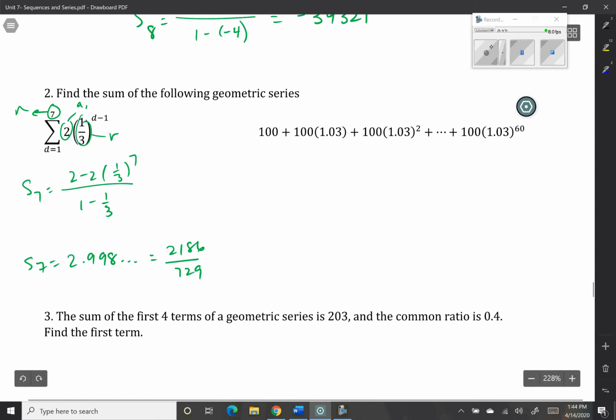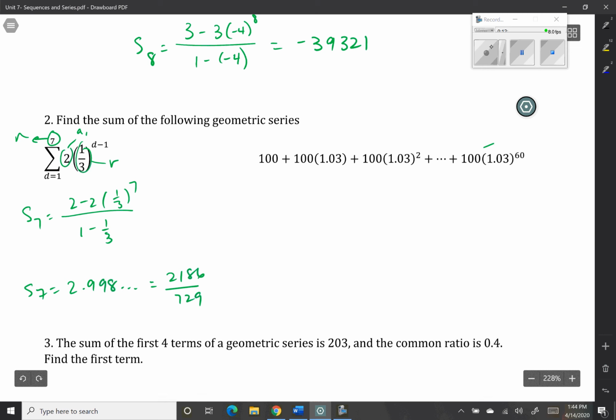The next one has 61 terms. This term is a sub 61. I know that because the second term has an exponent of 1, third term has an exponent of 2. So if I want to find the sum of these 61 terms, I'm going to say the first term, common ratio 1.03, and then 1 minus the common ratio.